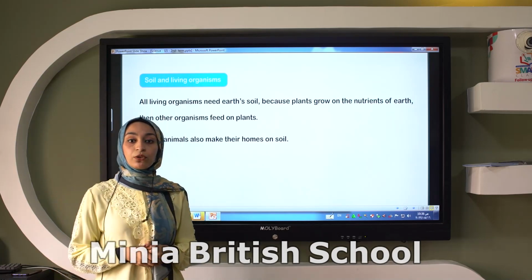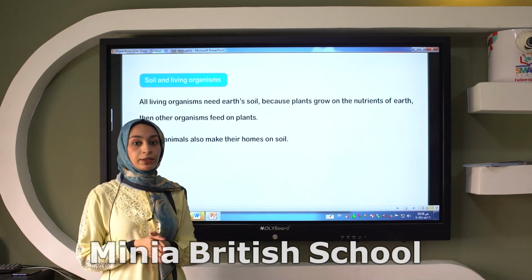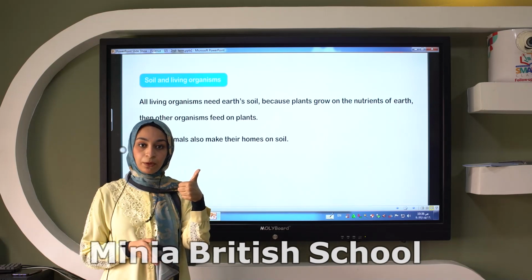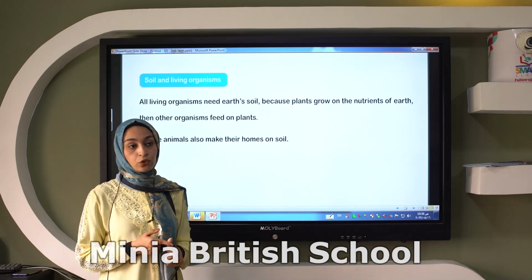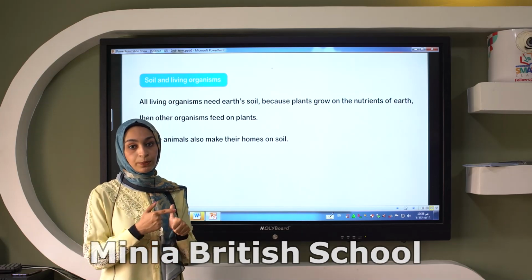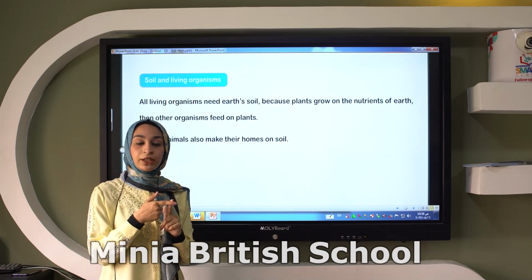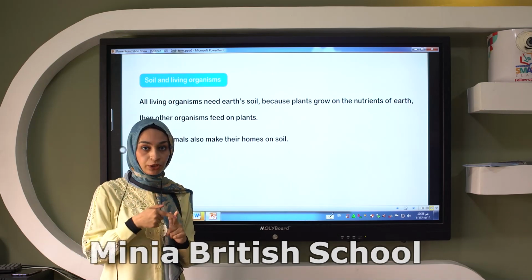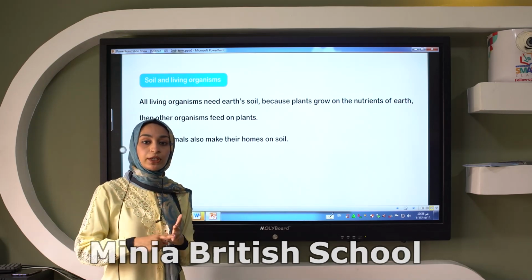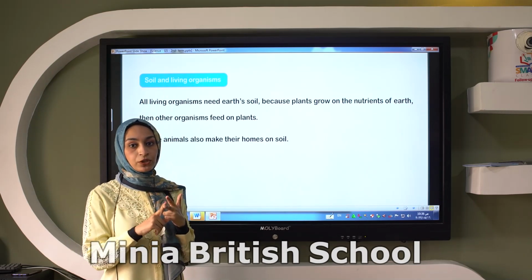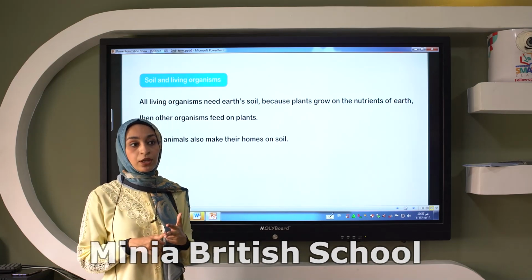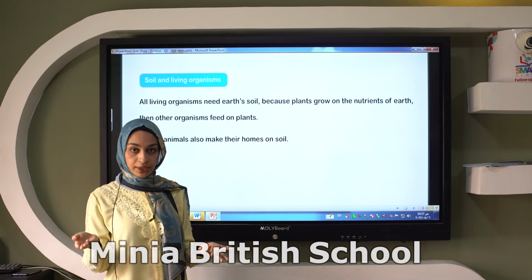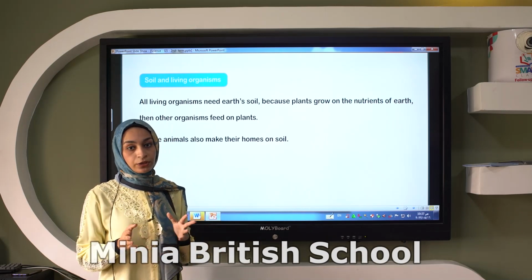What is the importance of the soil for all living organisms? Number one, for the plants, they take water and minerals by the roots to make their food by the photosynthesis process. For animals, they depend on the plants directly. Some living organisms like earthworms, spiders, and some insects make their homes under the ground, whether shelters or nests, according to the type of the animal.